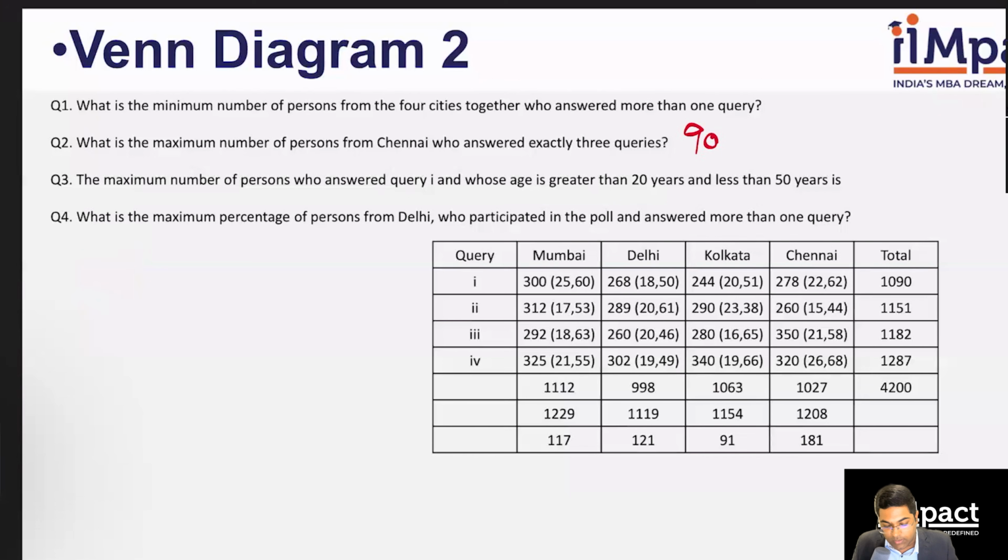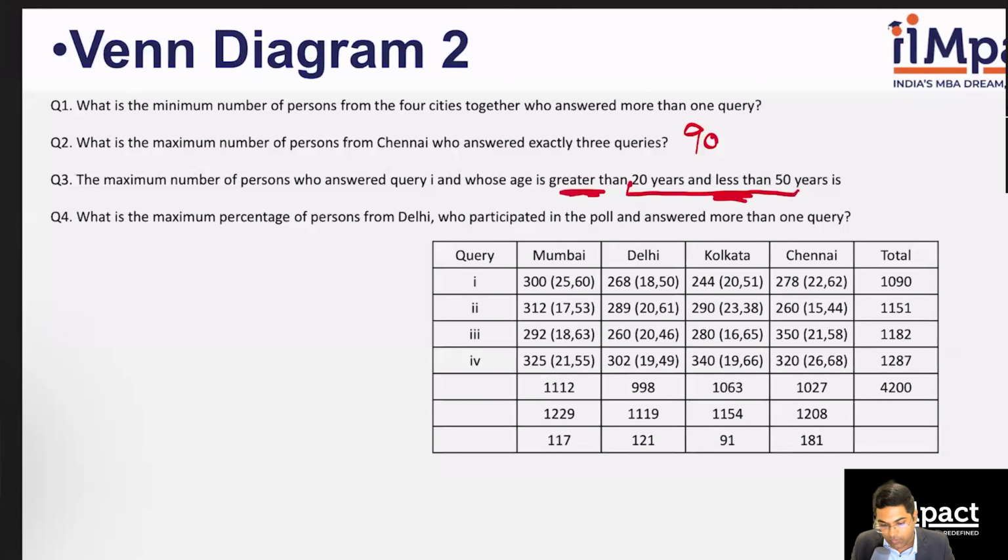Maximum number of persons who answered query 1 and whose age is greater than 20 and less than 50 years is what? Tell me guys, how do we go about it? Because I want to maximize, I will assume extremes, correct? I want maximum between 20 and 50, greater than, not equal to, and less than, not equal to.